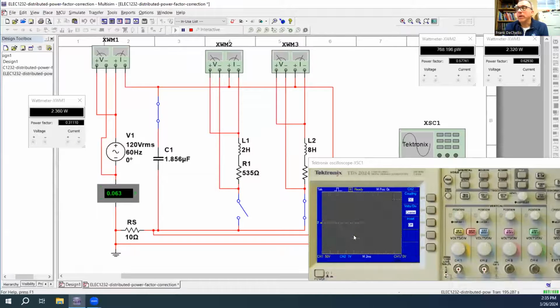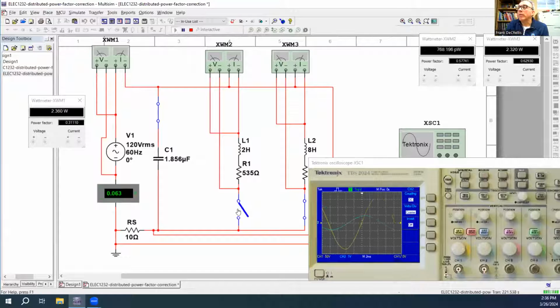So we've gone from a 0.9 lagging power factor to 0.3 leading power factor. That's a problem, and it stems from the fact that this capacitor's value was calculated taking into account both of these loads at the same time. So now we've overcompensated and turned this into a leading power factor system.